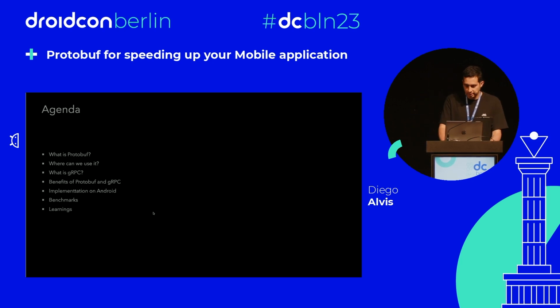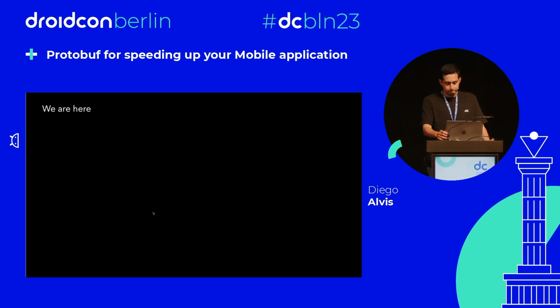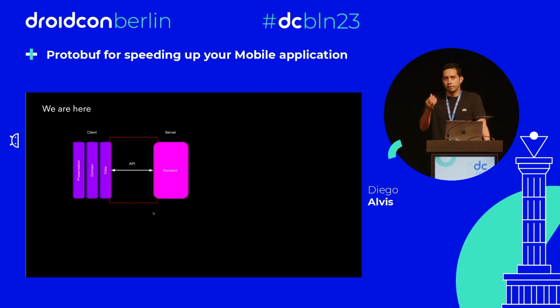Right? Cool. So before I start talking about Protobuf, let me first give you a little bit of context. Where are we going to be located during this talk, right? So this is more or less what we usually have on a daily basis, in a very high level architecture of a system, right?